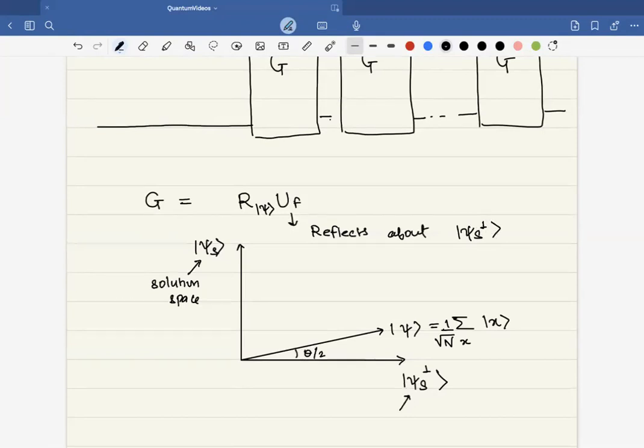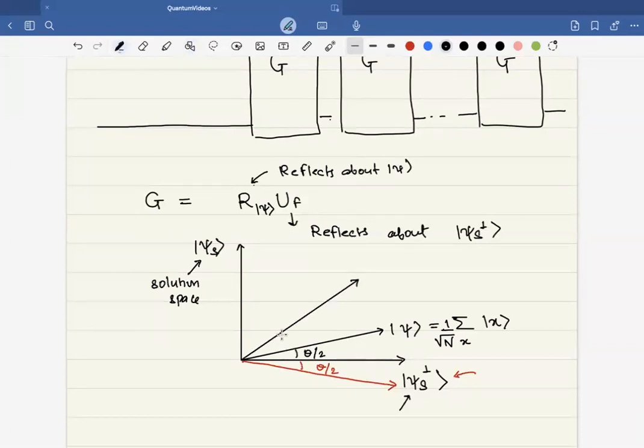So initially, the U of F operator reflects about this vector, and then the R of psi operator, this operator, reflects about psi. So effectively we have two reflections which combine to form a rotation.